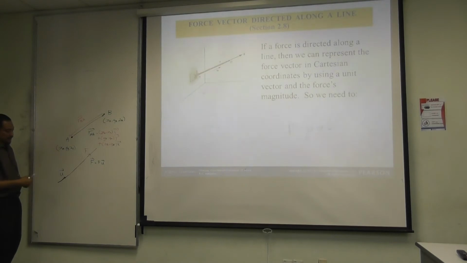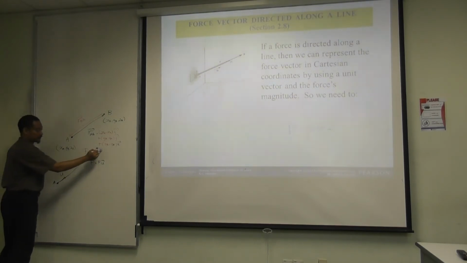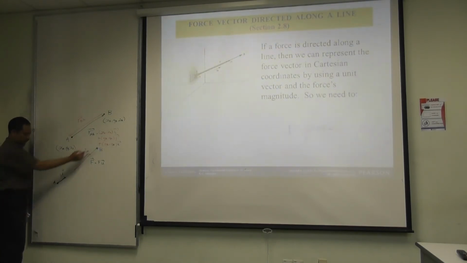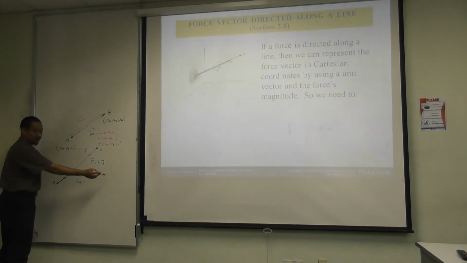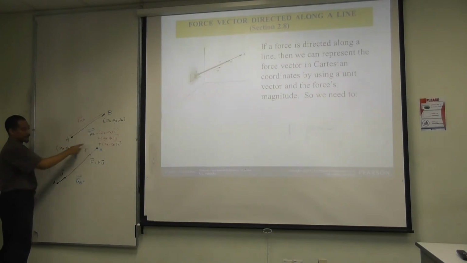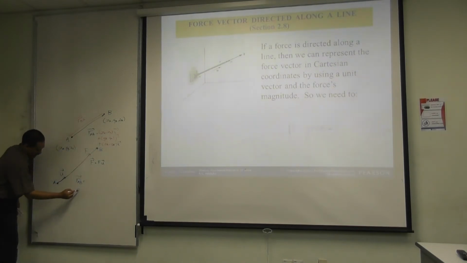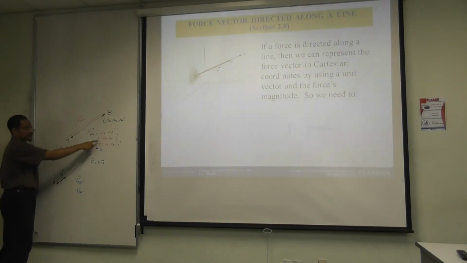So the easiest vector that we can get is if I know this coordinate and this coordinate. For example, this is A, this is B. Right? So if I calculate R_AB, you can get the vector, right? Can I know the magnitude of R_AB if I already get this vector?